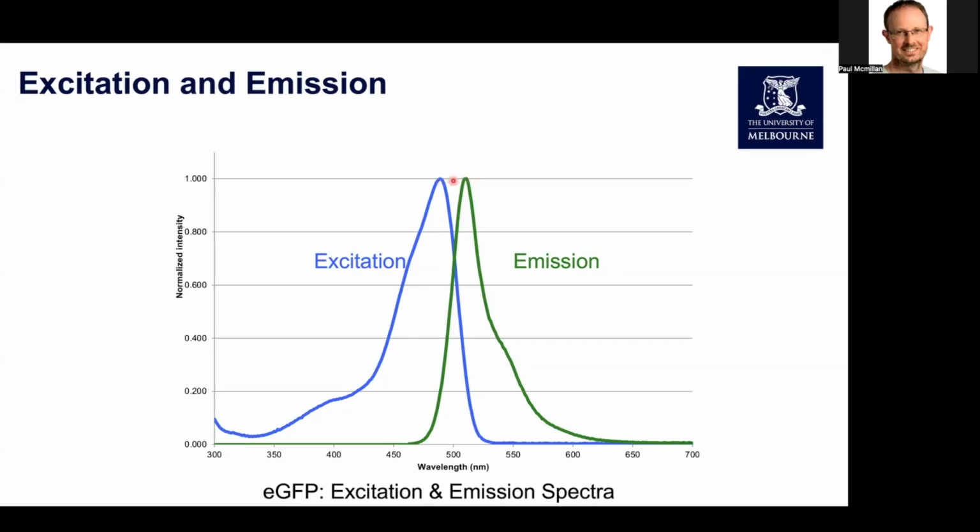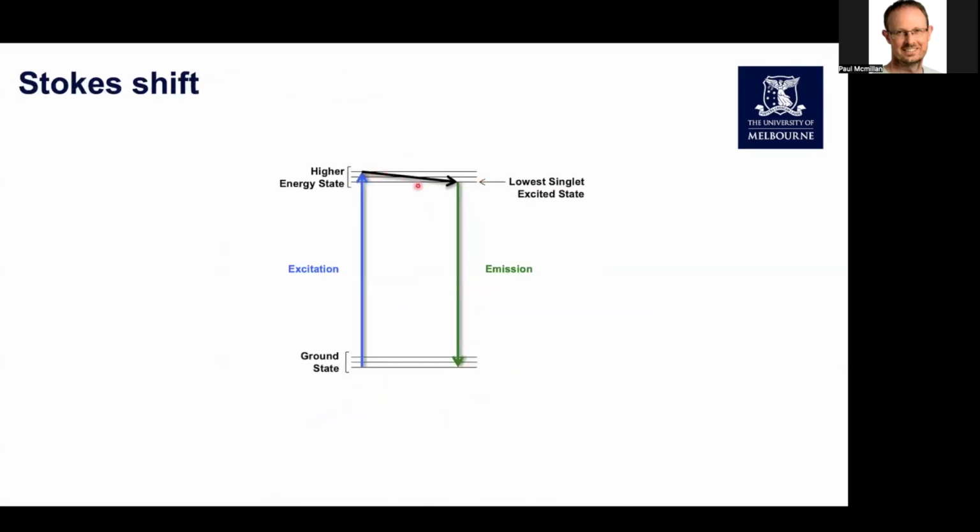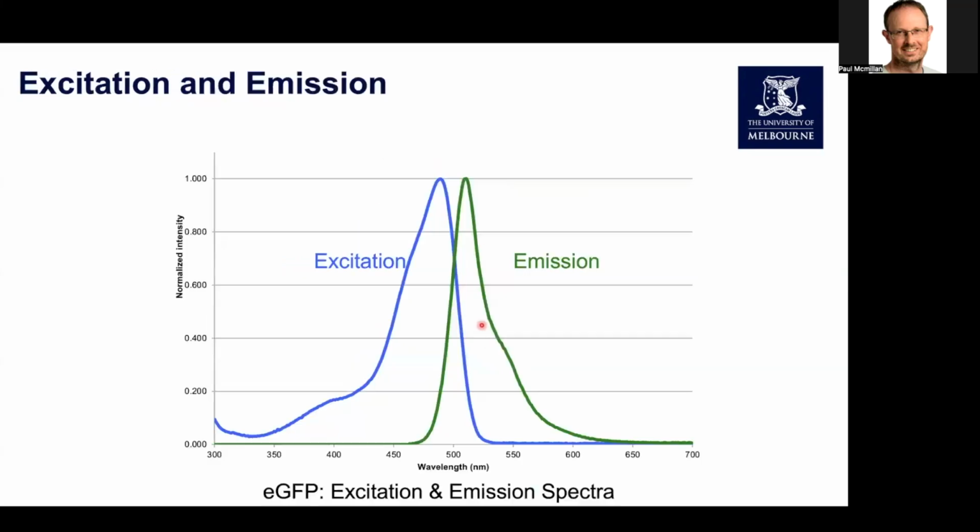This is what we call the Stokes shift, and this is due to that loss of energy between the two transitions. Each molecule has a slightly different size of Stokes shift. These are some of the key characteristics we have to think about when we're first designing our experiments, in terms of what fluorophores we can use.